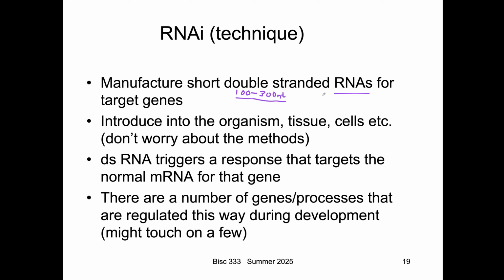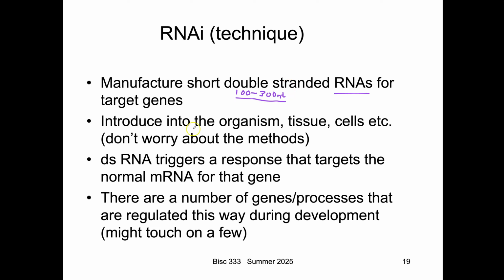And most of the time in cells we don't normally have double-stranded RNA, so that's a cue for the cell that a pathogen is trying to invade. And so there's a mechanism in the cell for targeting that double-stranded RNA and for targeting the RNA that matches it, even if it's single-stranded.